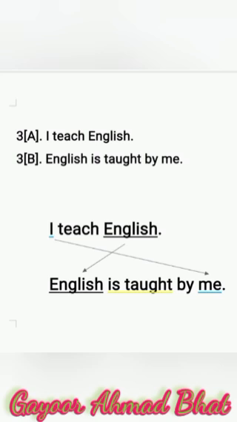I teach English and English is taught by me. Here the word order changes. English, the object in the first sentence, becomes subject in the second sentence, while I, the subject in the first sentence, becomes object in the second.